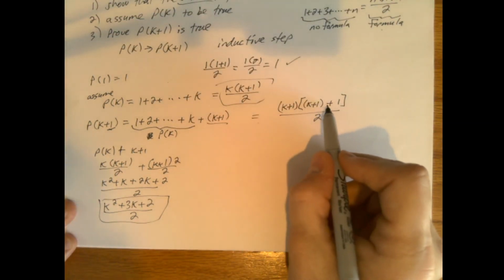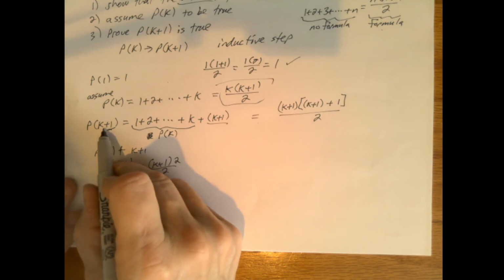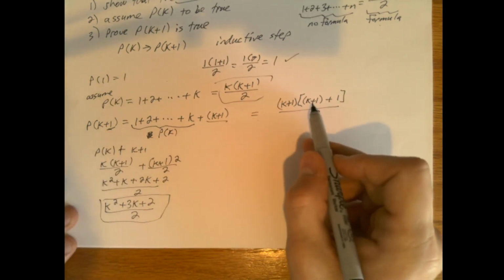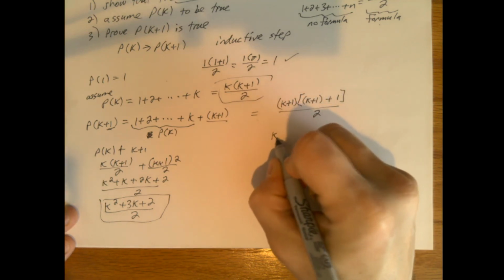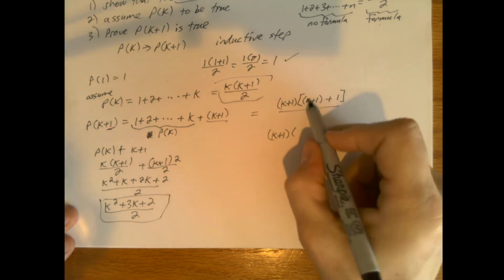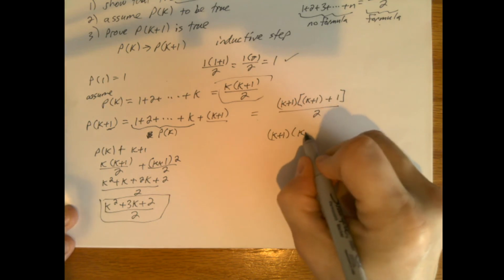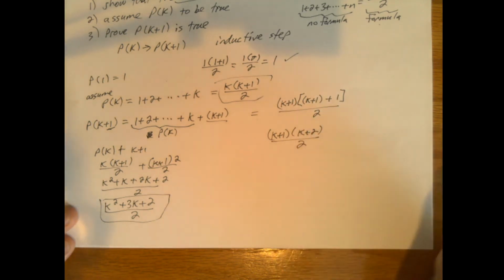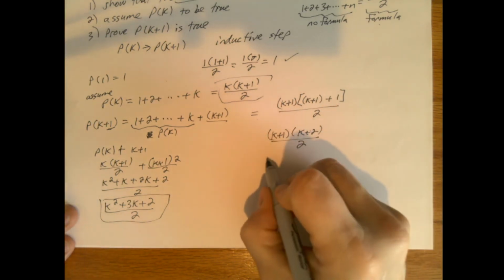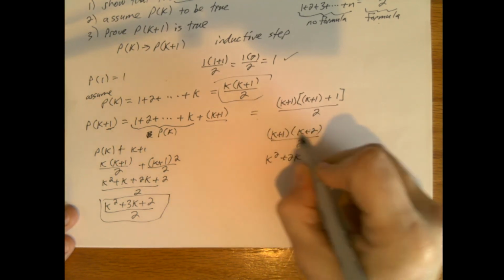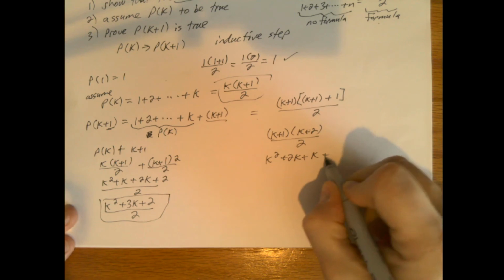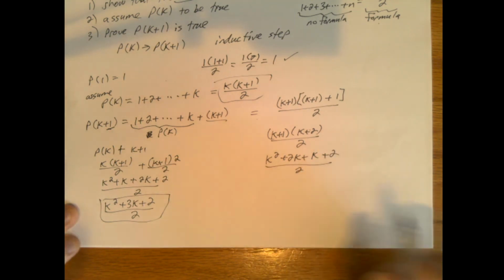Here we use the formula directly to get P of k plus 1. So let's see what this simplifies to. So this right here becomes (k plus 1) times (k plus 1 plus 1), which is really k plus 2, all over 2. And this becomes (k squared plus 2k plus 1k plus 2) over 2. And now we simplify this.